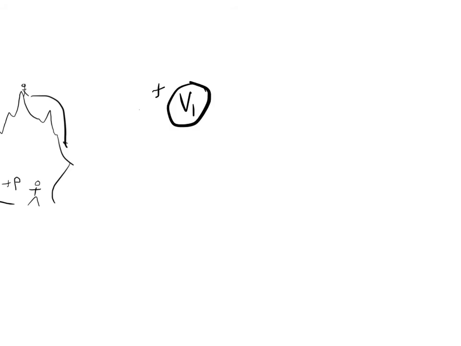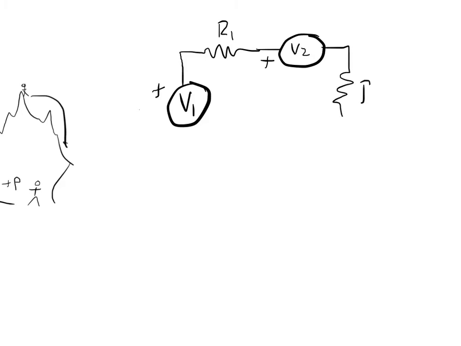So let's say we have some voltage source, or let's call it V1, and we are going to go across resistor R1, and let's say we have another voltage source going in the wrong direction for some reason, and another resistor R2, and a third resistor R3.